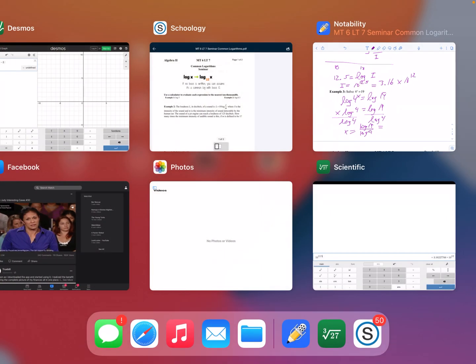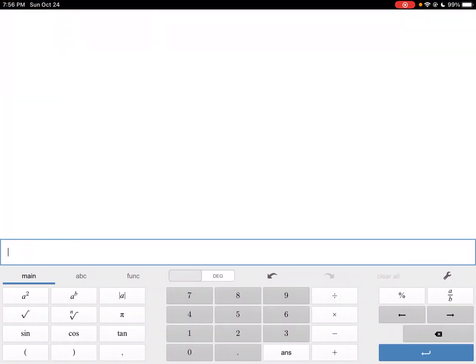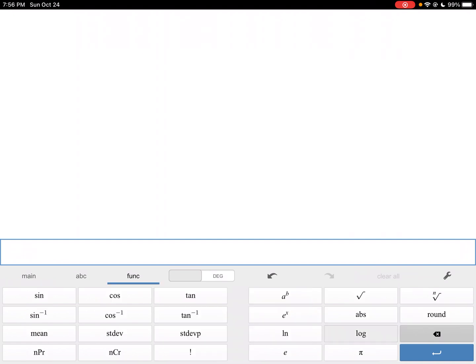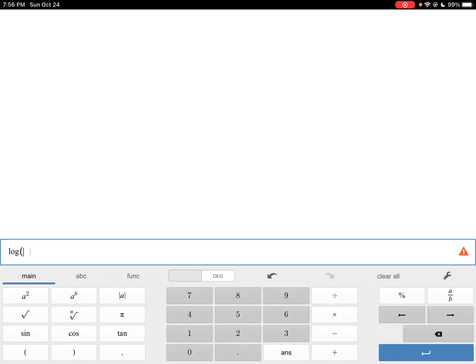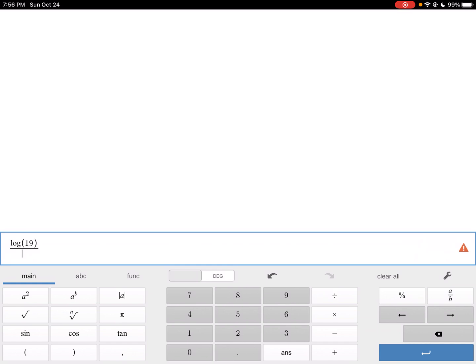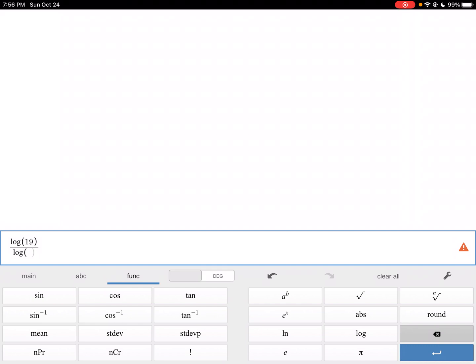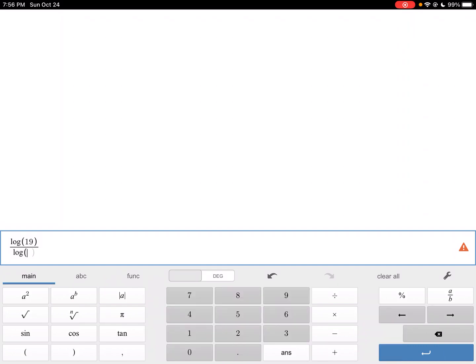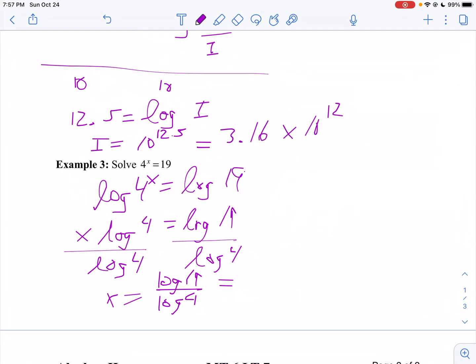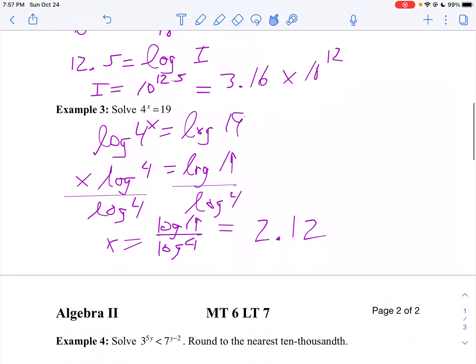So we're going to take the log of 19, divided by the log of 4. We'll round that to 2.12. They didn't tell us what to round to, so I'll say 2.12. That's how you would do an equation like that.